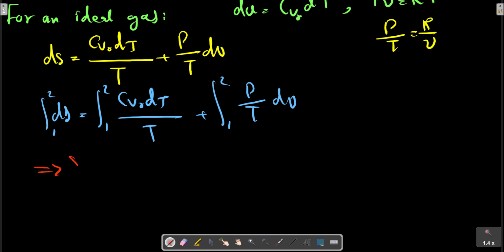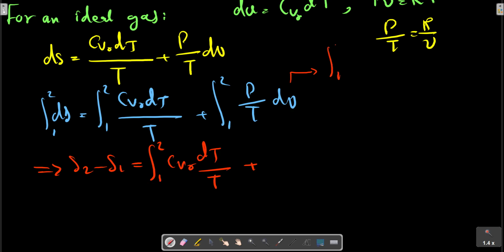So we have this relation: S2 minus S1 is the integration of, for a constant volume, we have this relation, for a constant universal gas constant, the integration of R dv over v.